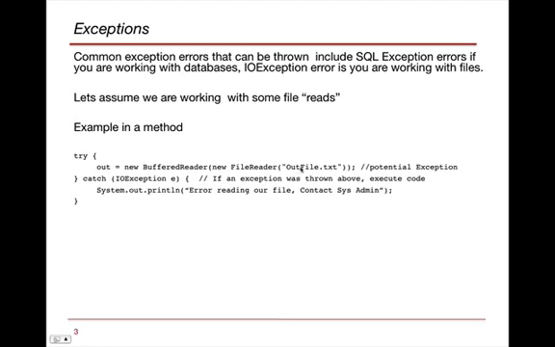If there's a problem with this where the file, say, does not exist, an IO exception will be thrown from this line, and the code will jump to this catch block and say an exception has been thrown. Does it match this type? IO exception. If it does, it will execute the code within this block. What it does here is it creates an object called with variable e of type IO exception, which has more information about the exception that was thrown.